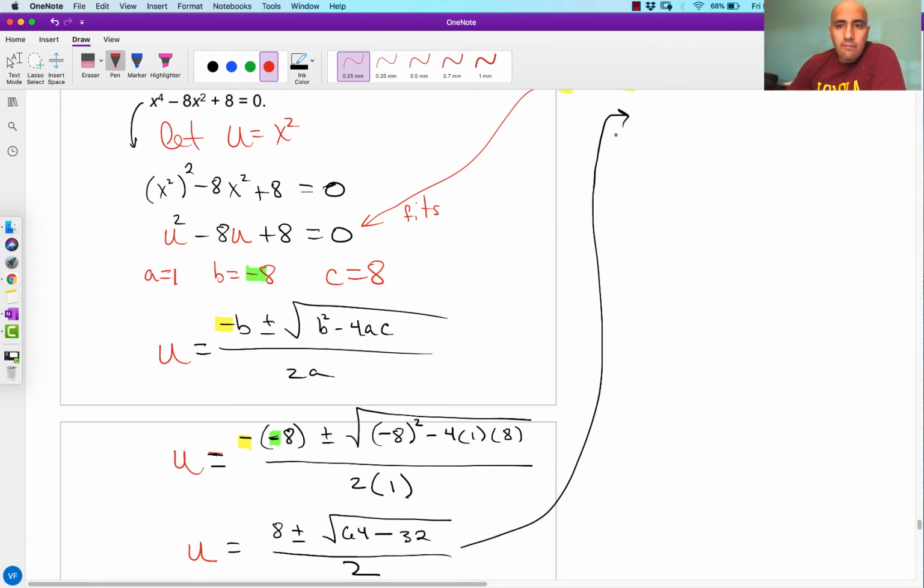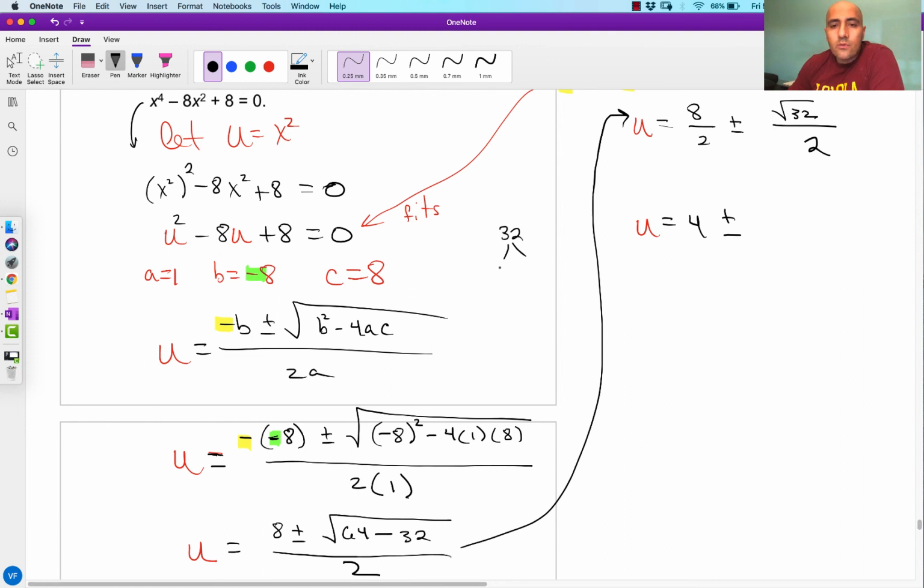So that means that my u is really going to be equal to 8 over 2 plus or minus the square root of 32 over 2. And we can factor this out. This simplifies. u equals 4 plus or minus. Now the 32, let's stick it right in here.